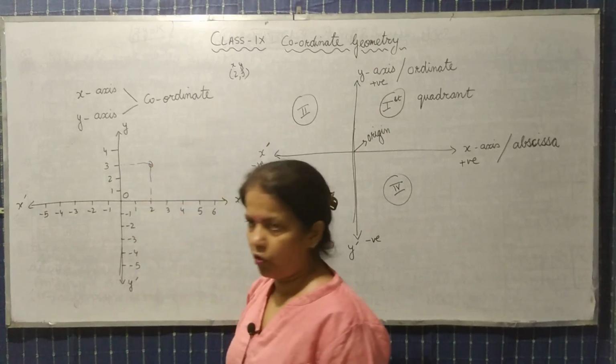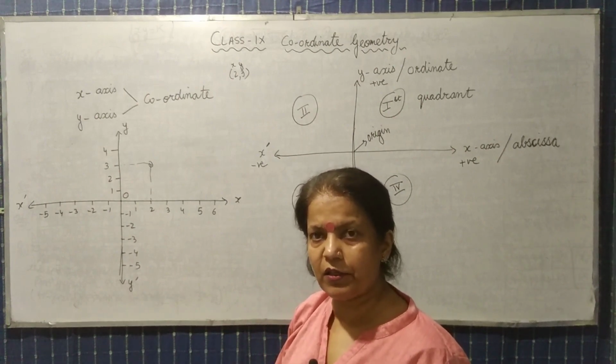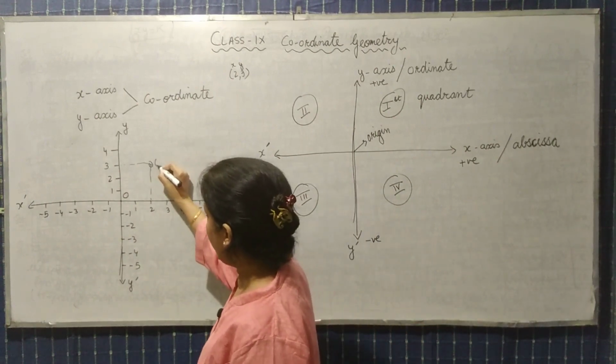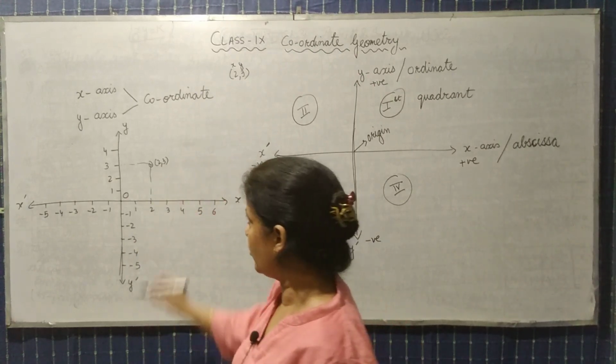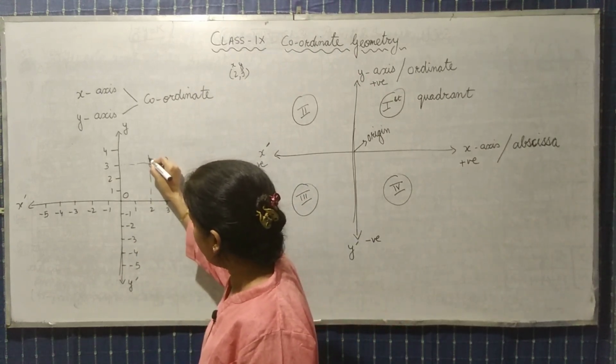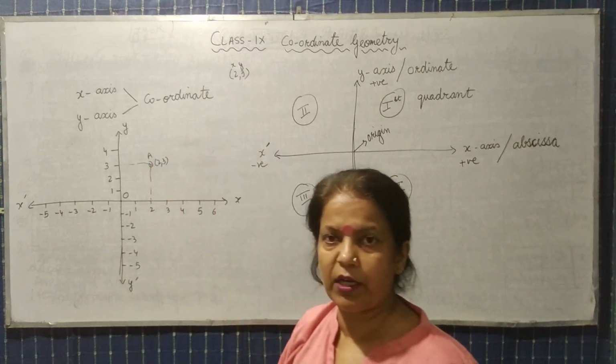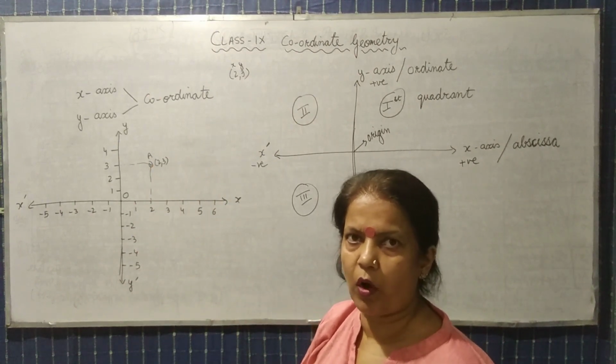Wherever both the perpendicular lines intersect with each other, that is the coordinate 2 and 3. और इसको encircle कर दीजिए and let us name it A if you want.